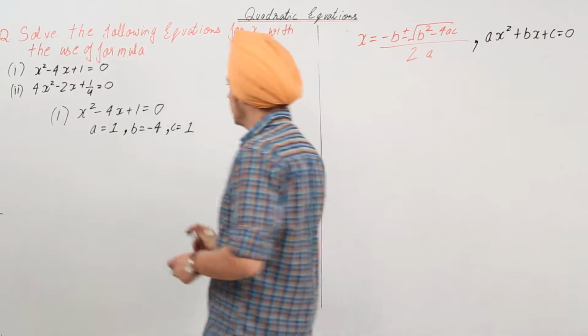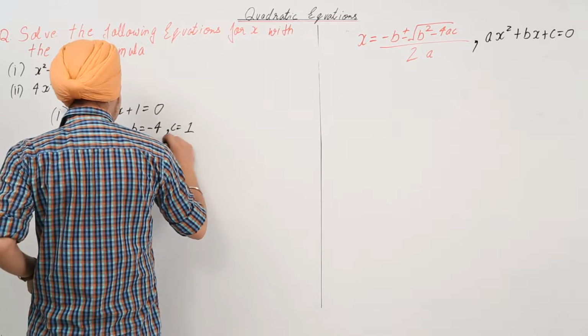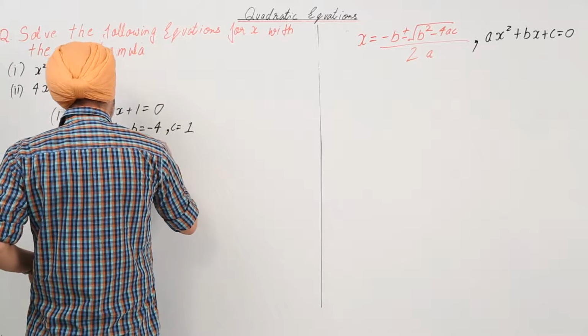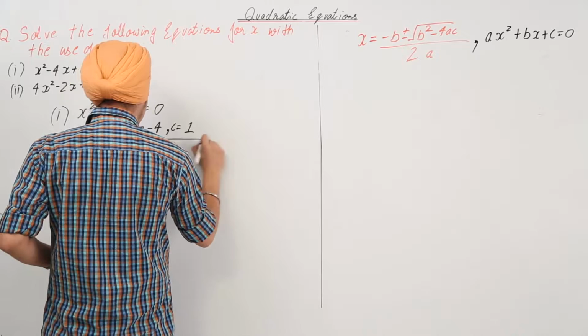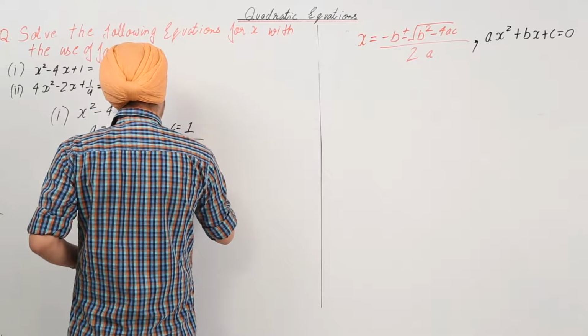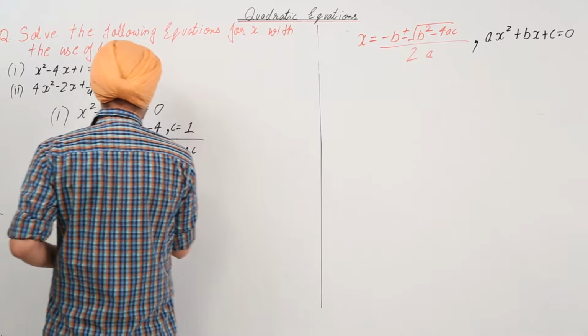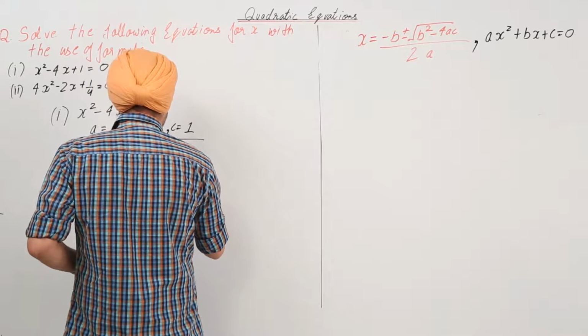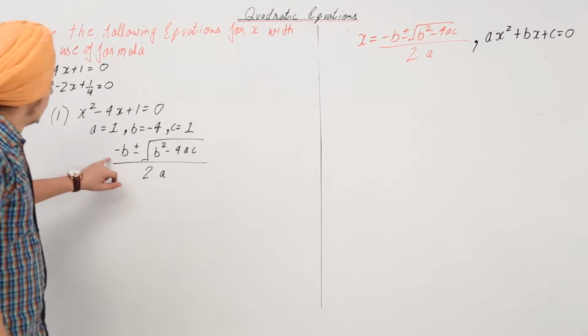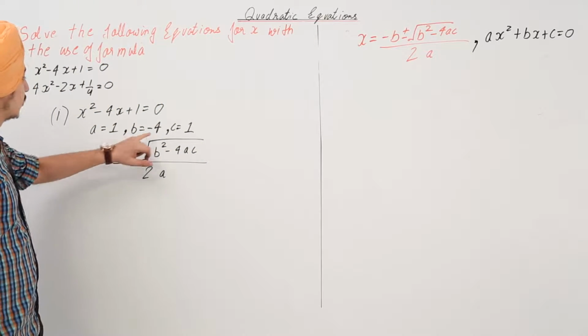So what happens is, we write down that formula that says minus b plus minus root of b square minus 4ac upon 2a. So minus b is equal to minus 4.